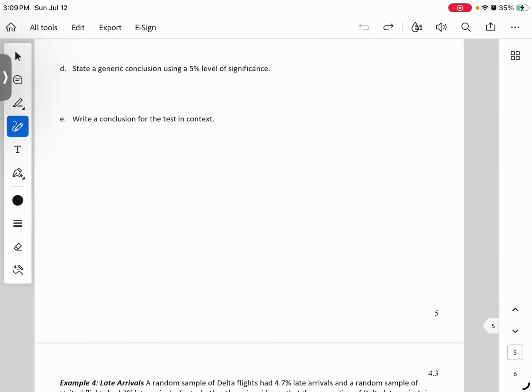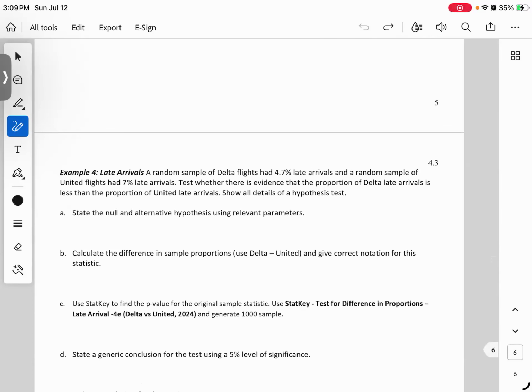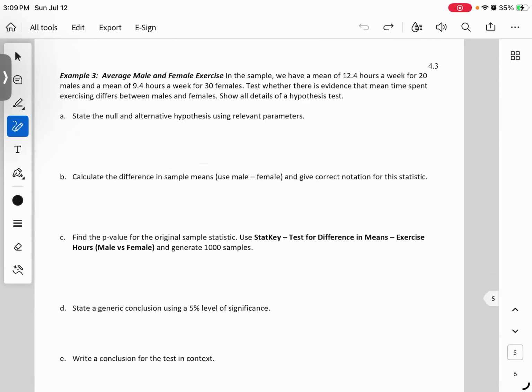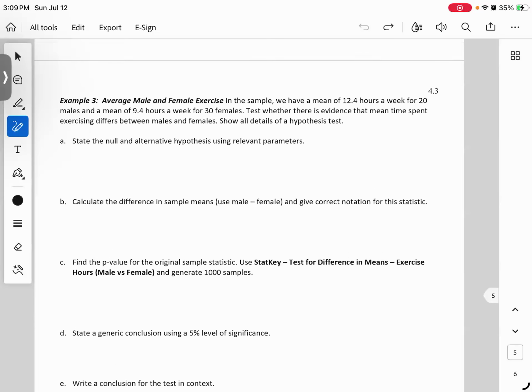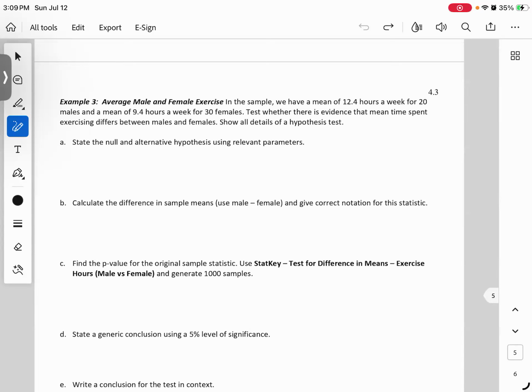All right, let's try a couple more here. We got example 4, example 3. Example 3 is going to be a good one to also look at averages for two groups. Now, in this one, it says they did a sample and the mean was 12.4 for exercise, and that was for 20 males, and it was 9.3 hours of exercise each week for females.